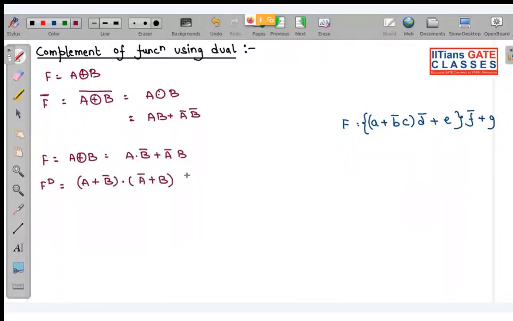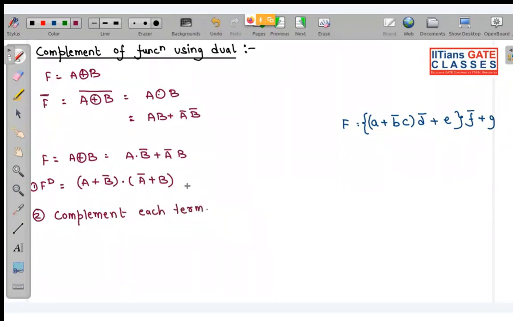Okay. First step for calculating the complement of a function is calculating the dual. Second step is to complement each term.